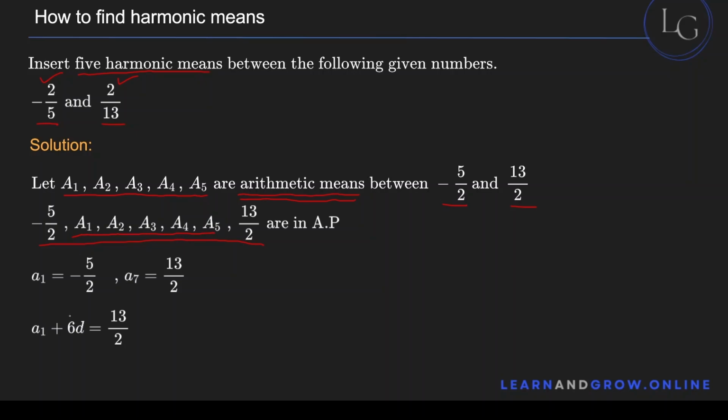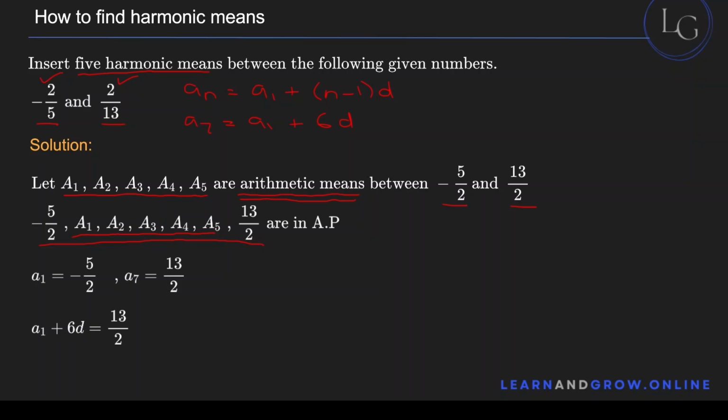So a1 plus 6d is equal to a7. Obviously, you remember this formula that an is equal to a1 plus n minus 1 into d. So a7 is equal to a1 plus 6d, and that's what we've done here.